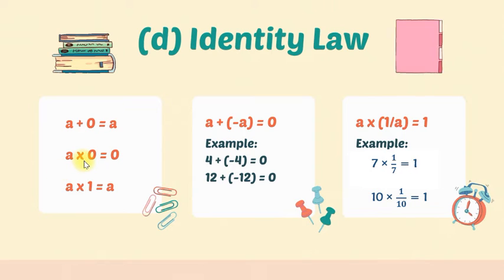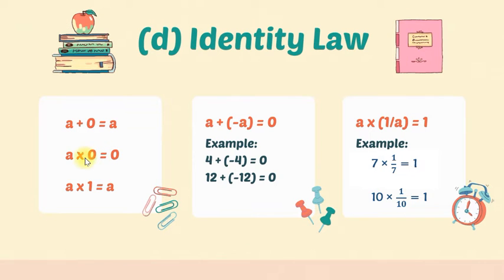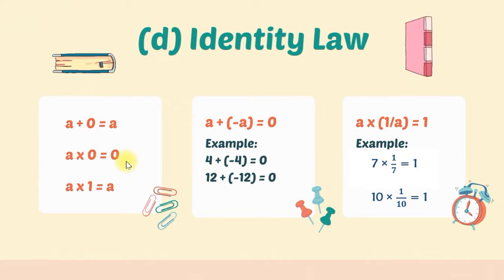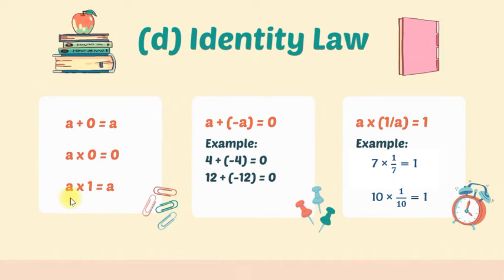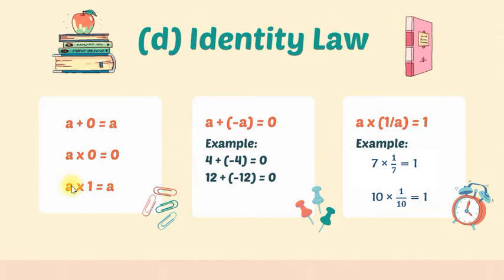The same goes for times. A times 0, you will get 0. Any number, when you times 0, you will get 0. If you put 1 here, it also becomes 0. If 1 million times 0, it also becomes 0. And then any number times 1 will get the number itself. For example, if you put 20, even if you times 1, you will get the number itself, 20.